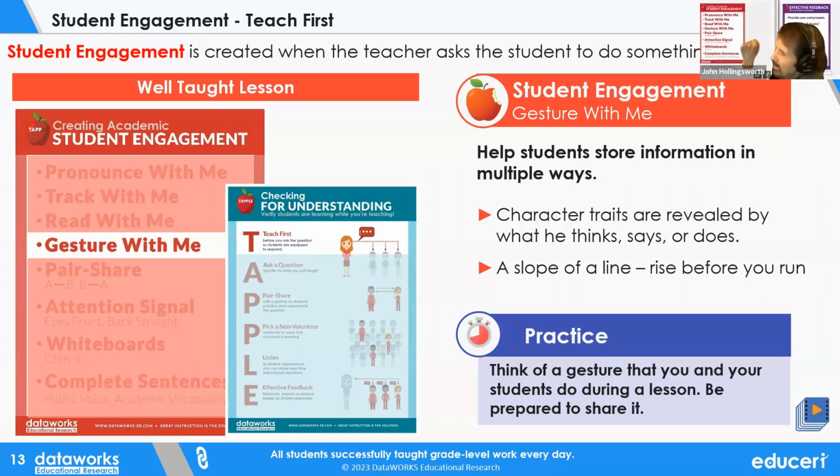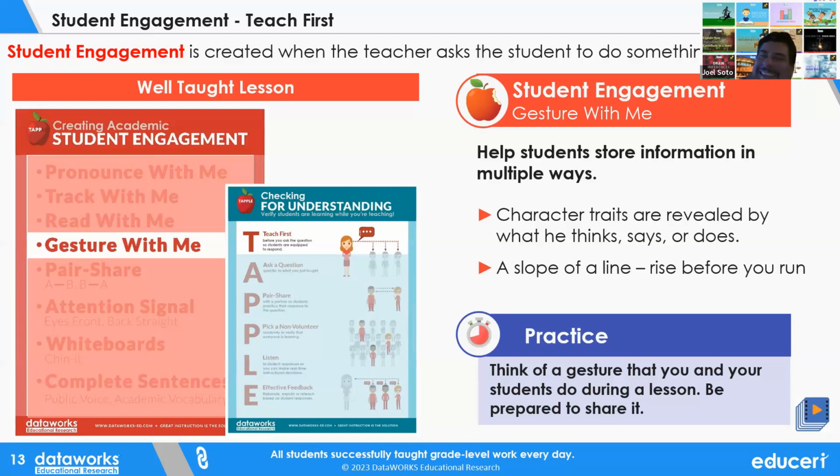A prefix is a letter or letters at the beginning of a word to change its meaning. So let's all say that. A prefix is a letter or letters at the beginning of a word that changes its meaning. For example, John, you said characters, but you meant prefix.